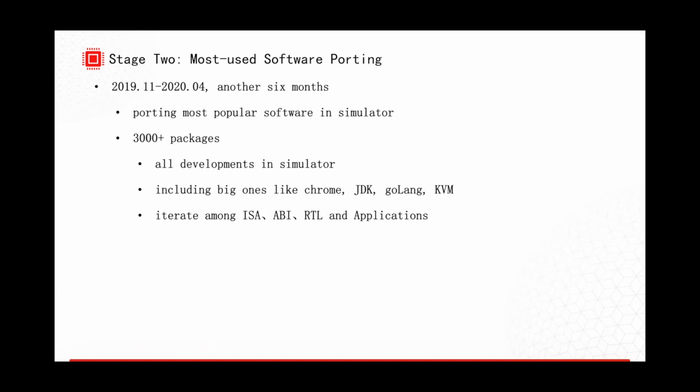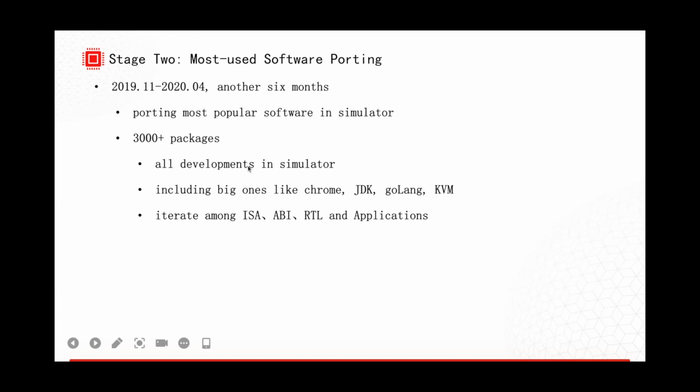Then stage 2 took another 6 months. At this stage, we put in most used software, including big ones like the Chrome browser, the Java development kit, the Java virtual machine, Golang, and KVM for cloud.